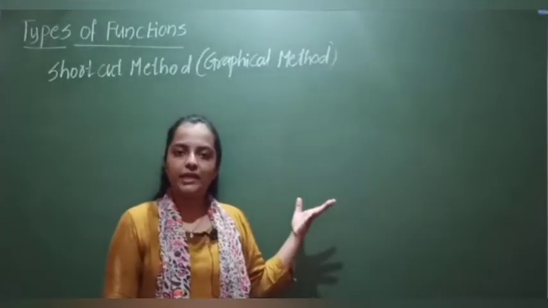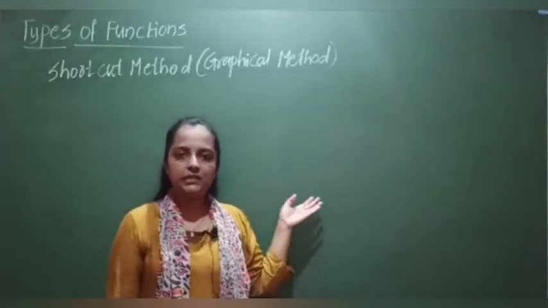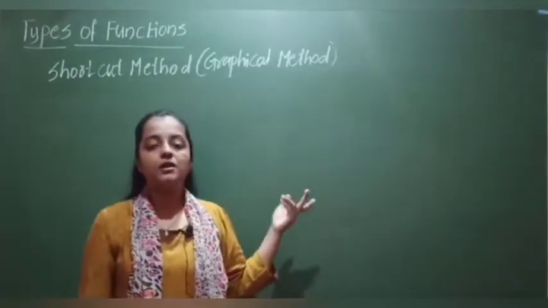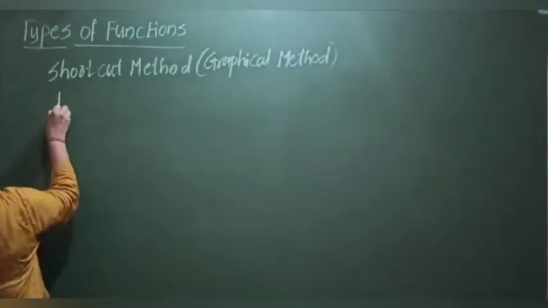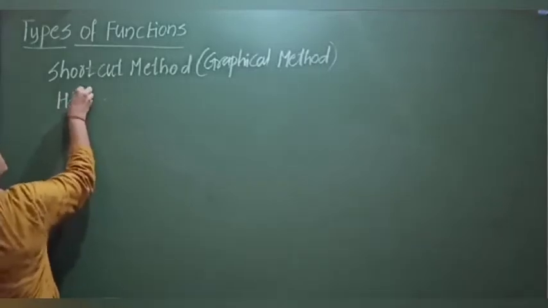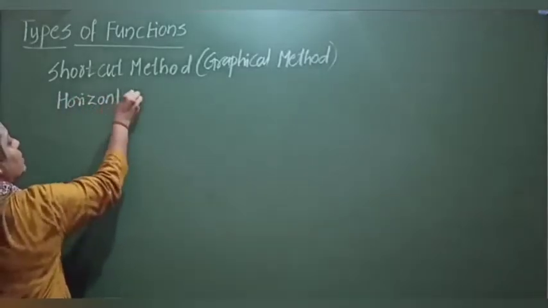By taking the vertical line test we proved whether the given curve is a function or not. So now we'll take the horizontal line test to find whether the given curve is a 1-1 function or not.